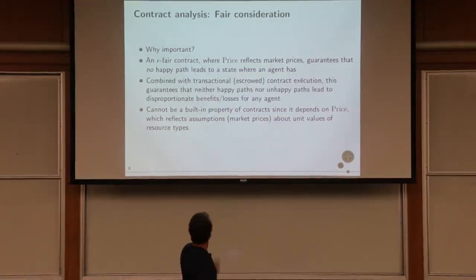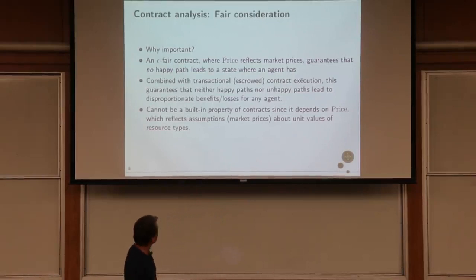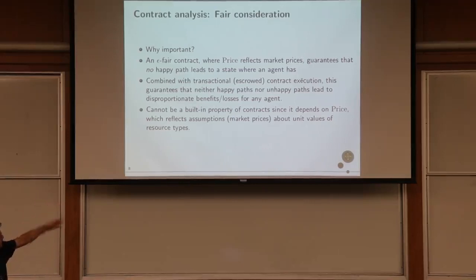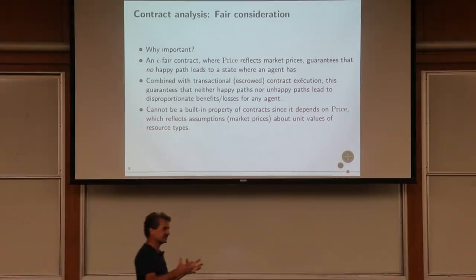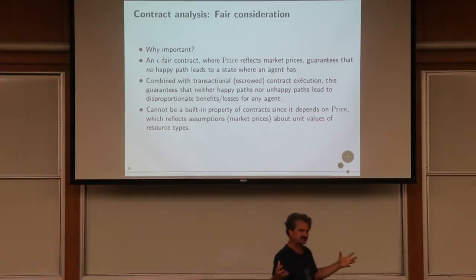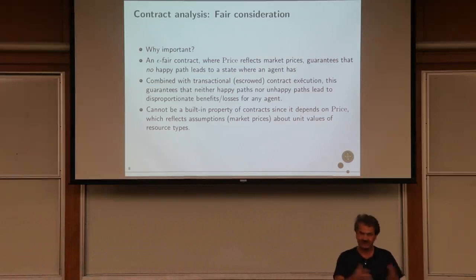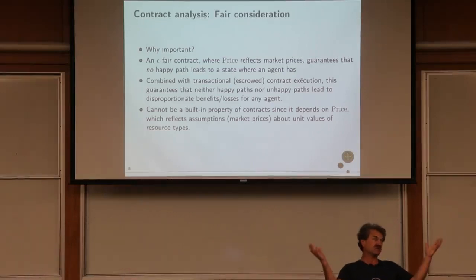Why is it important? An epsilon fair contract, where the price reflects market prices, guarantees that no happy path leads to a state where an agent has more or less than the others. Combined with the transactional escrow contract execution, we actually get a double protection, you could say. So this is only for the happy paths. Imagine you have something that's fair enough for all the happy paths, but what happens if we have an unhappy path?